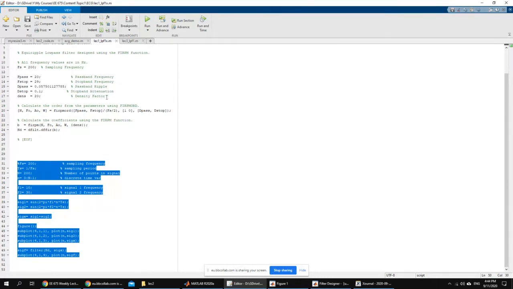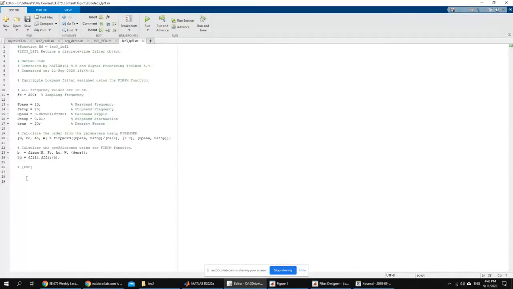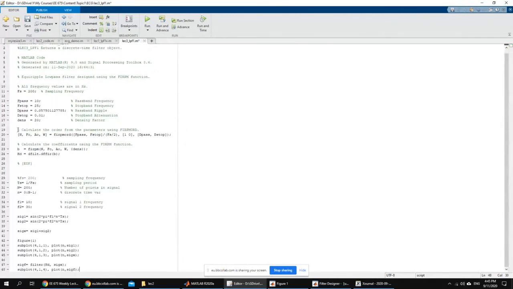I'm just going to copy that and put it here. The filter, the design filter, comes out in this variable here. This is the variable that contains the filter. This is the filter that I generated after this design procedure. All the specifications that I selected are here, and the filter comes out in HD.